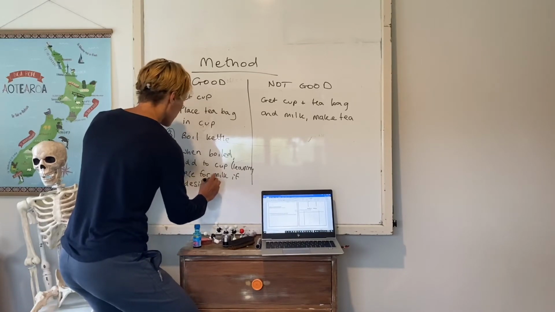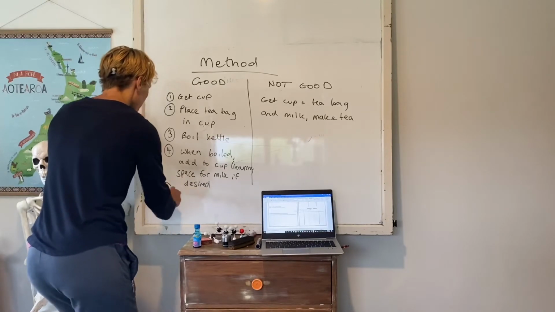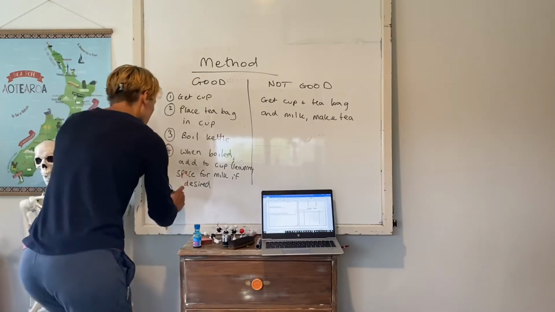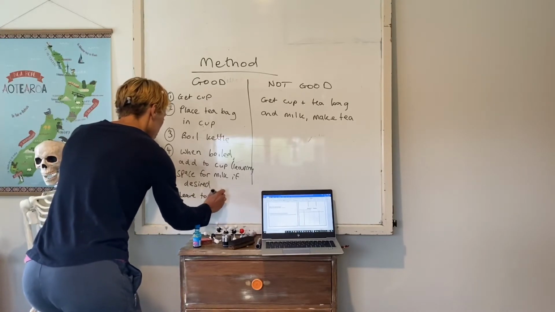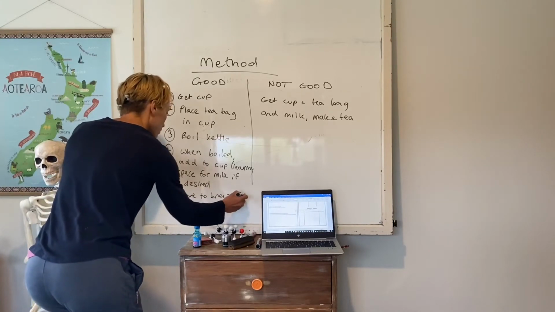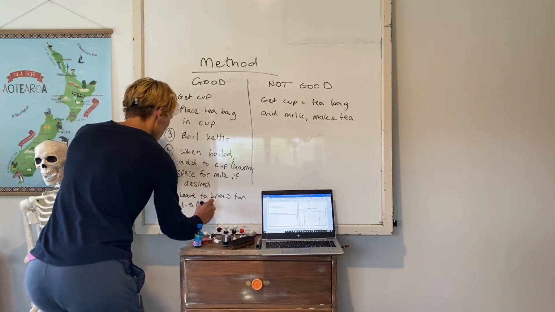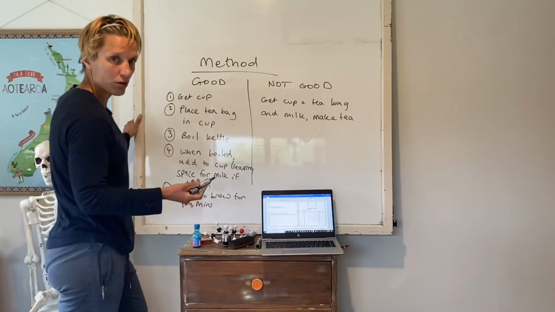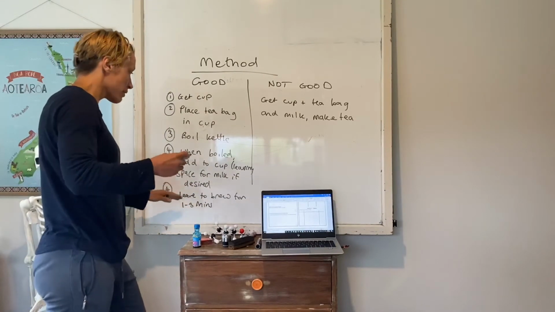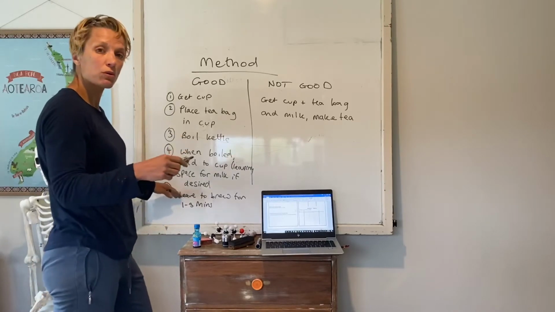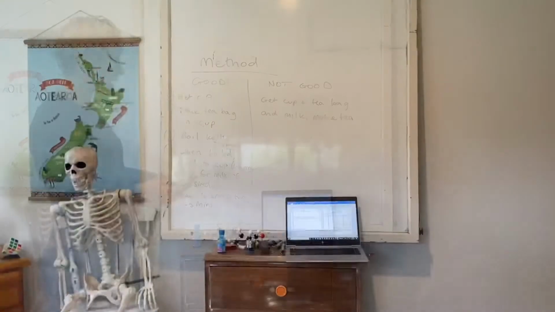Okay, do you get the idea? It's different, okay? Then I'd go number 5, leave to brew for 1 to 3 minutes, depending on your preference. Then you'd go 6, add milk once tea bag is removed and disposed of.